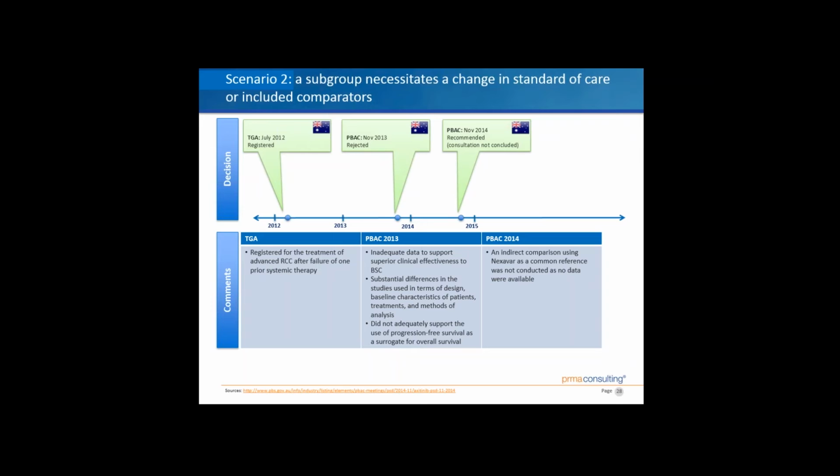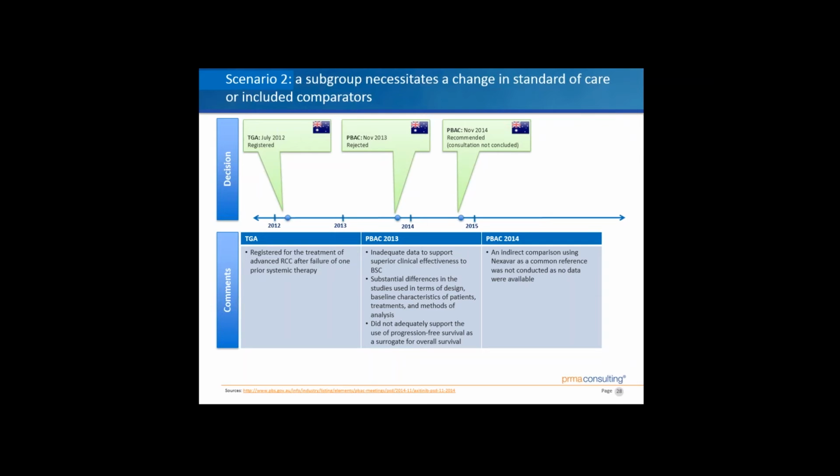And the basis of that was, even while the assessment was restricted to second line in order to have some control over the standard of care to be compared against, i.e. BSC, there were still such significant differences within that group of the studies that were used in the synthesis to get best supportive care. Like it says here, some were trial characteristics, some were patient characteristics, that they didn't have strong enough evidence of clinical effect.